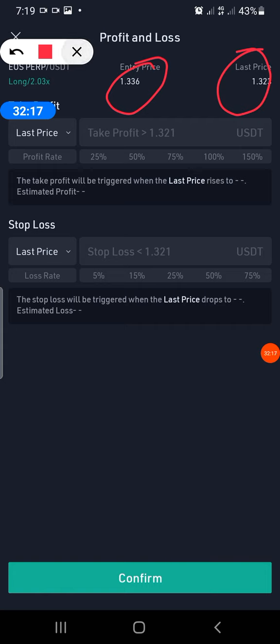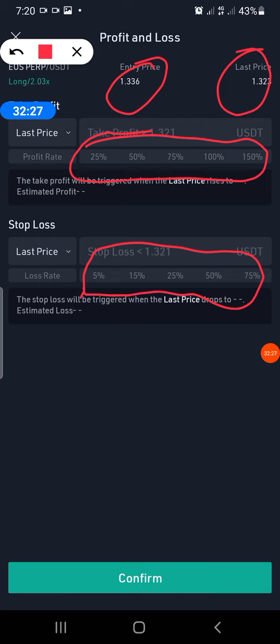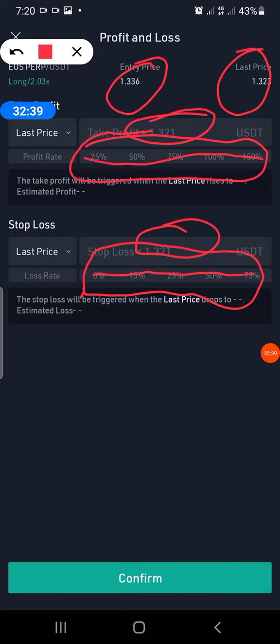So in this area, you can select how many percent you want your take profit to be, while here you can select how many percent you want your stop loss to be. As well, you can manually input it by typing something here instead of using this percentage, this take profit rate.